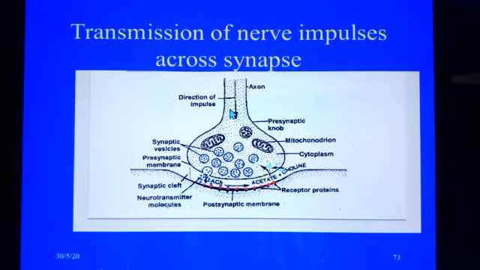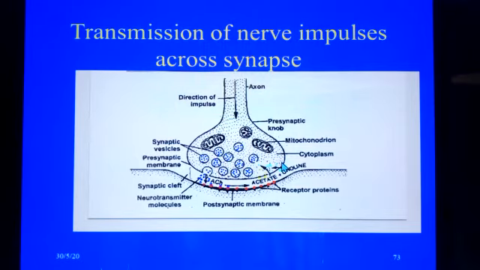Once a nerve impulse reaches the presynaptic knob, this knob here, remember it is club shaped, the synaptic vesicles will be stimulated and they will move towards the direction of the flow of the impulse.